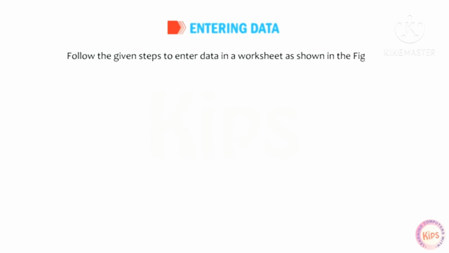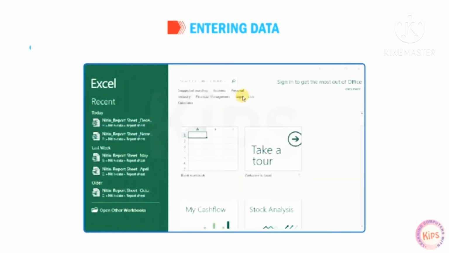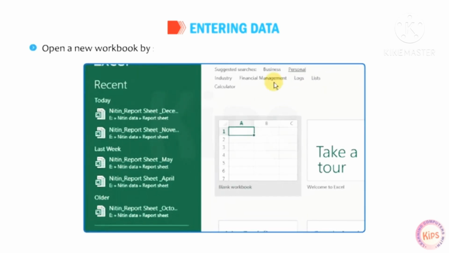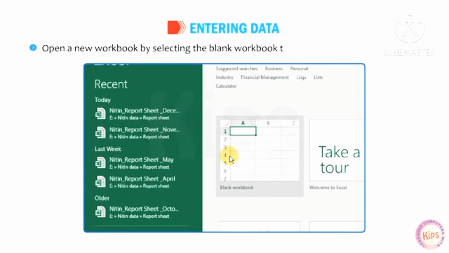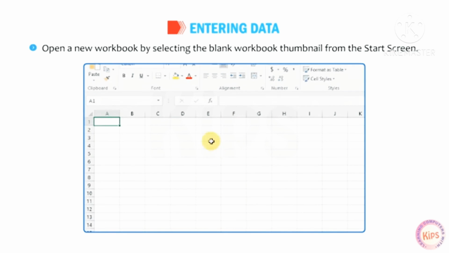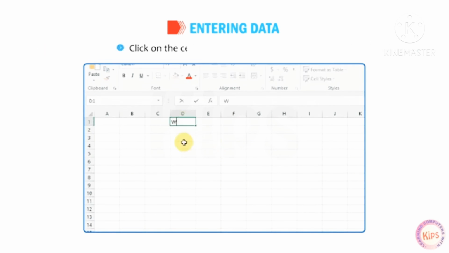Entering data. How to enter data? Let us know, students. Follow the given steps to enter data in a worksheet as shown in the figure. Open a new workbook by selecting the blank workbook thumbnail from the start screen. Click on the cell D1 and type weekly expenses.